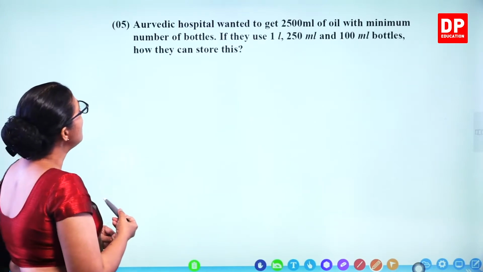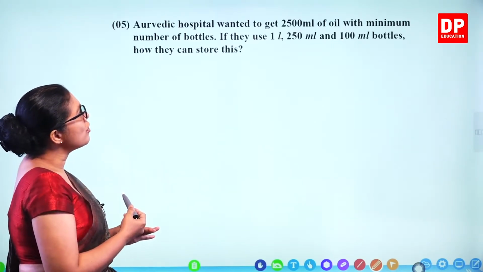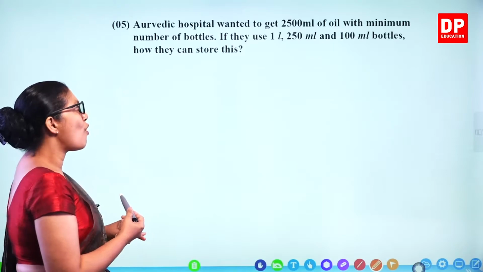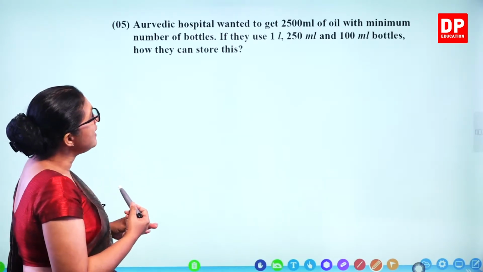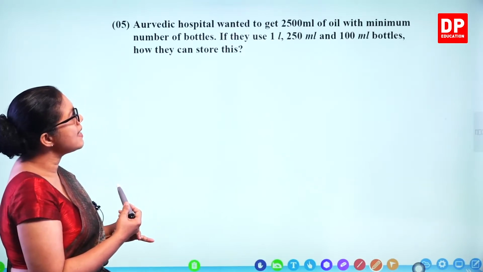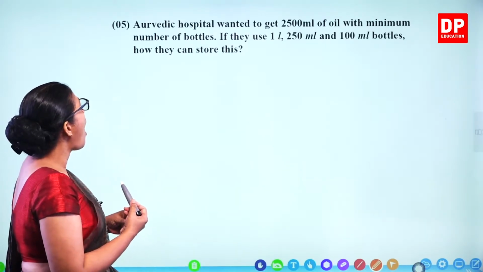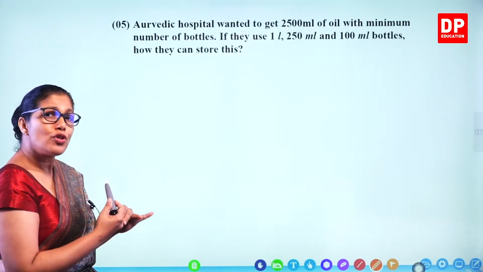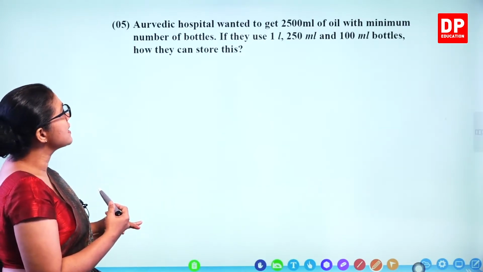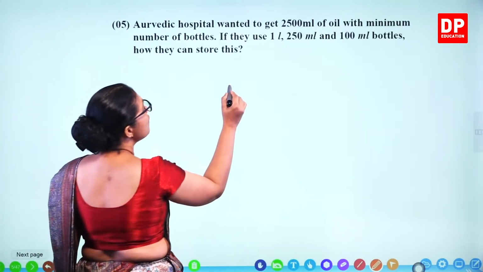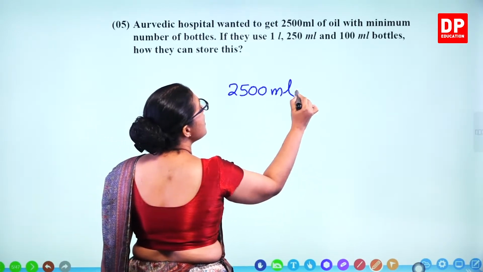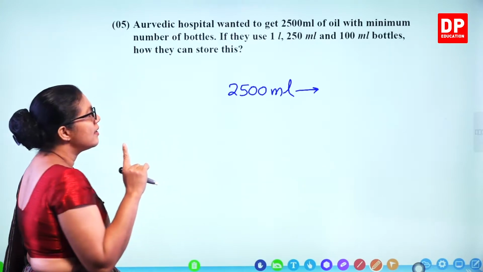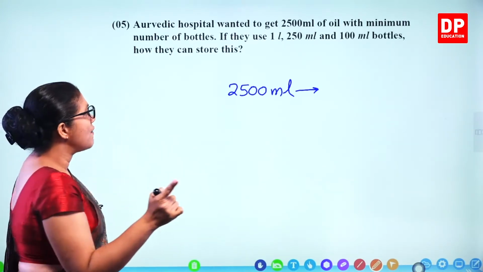Question number 5. An Ayurvedic hospital wanted to get 2500 milliliters of oil with the minimum number of bottles. If they use 1 liter, 250 milliliter and 100 milliliter bottles, how can they store this? So you need the minimum number of bottles. 2500 milliliters you can write as 2 liters and 500 milliliters.